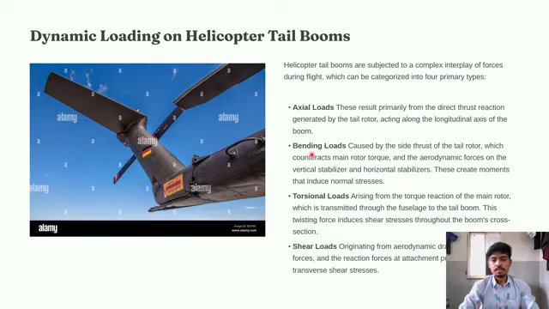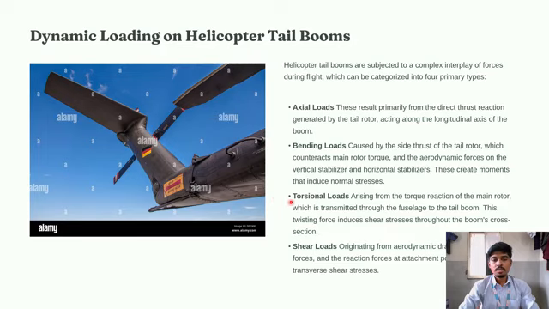Second, bending loads. These are caused by the side thrust of the tail rotor, which counteracts the main rotor's torque, and the aerodynamic forces on the vertical and horizontal stabilizers create moments that induce normal stress.